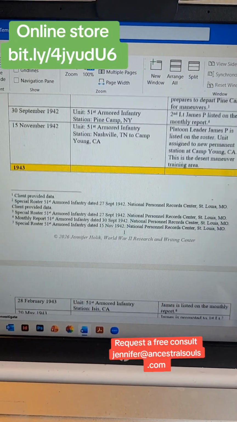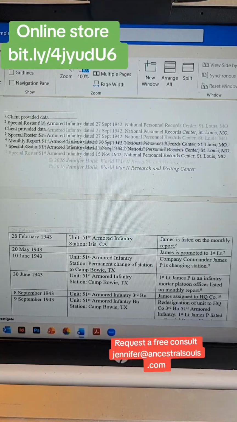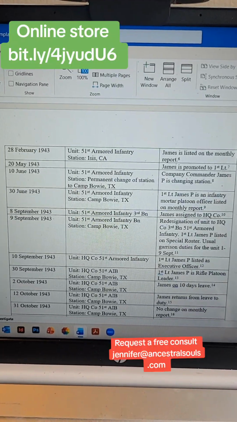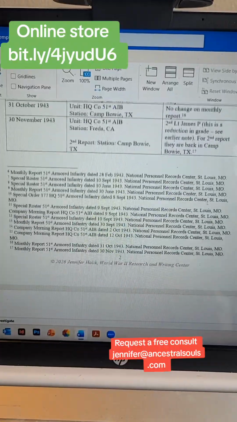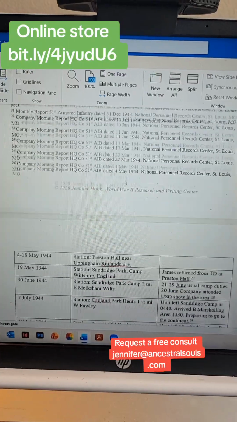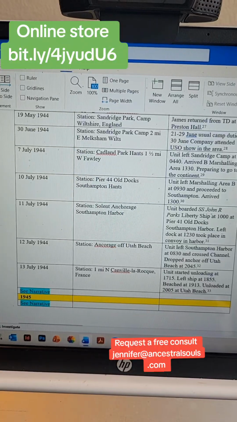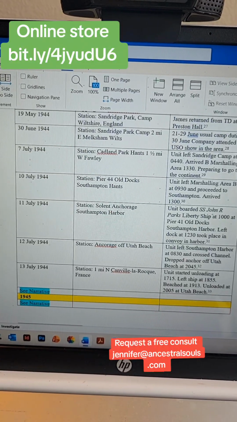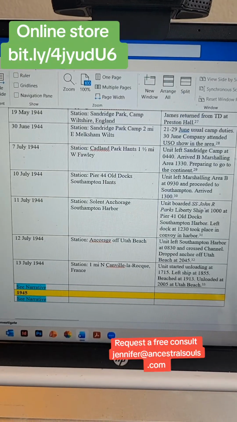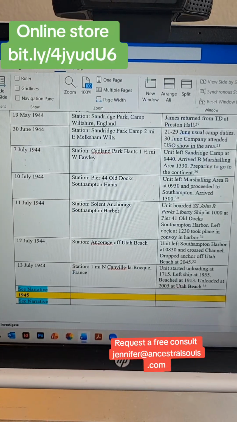Now, I like to divide these, color code them by year, and sometimes I will color code them even further if I am documenting basically every single day that somebody is overseas and a client is asking, well, where were they every single day? Then this report would be probably more than 40 to 60 pages long minimum and contain every day where they are and the record of events, what is happening. Okay?